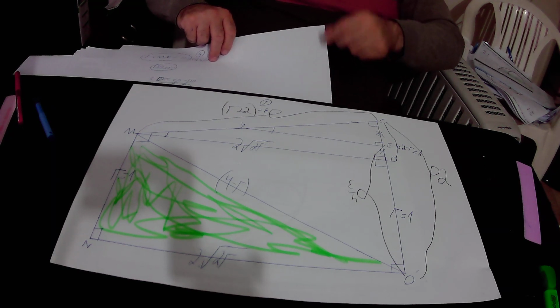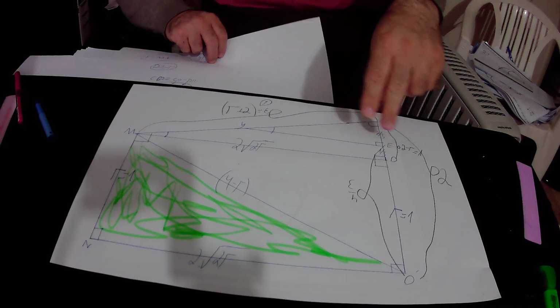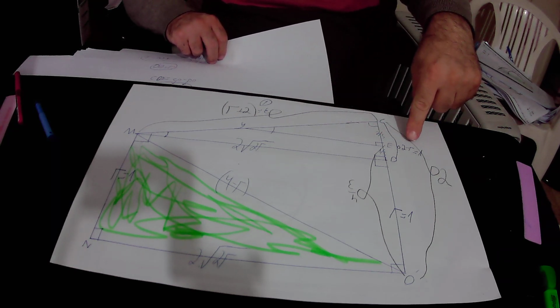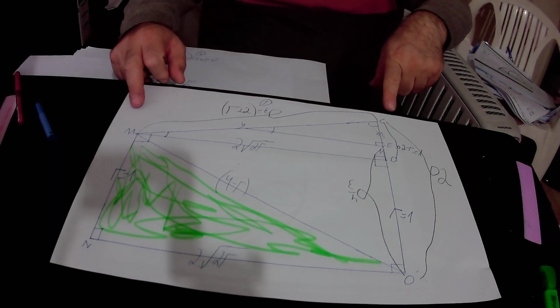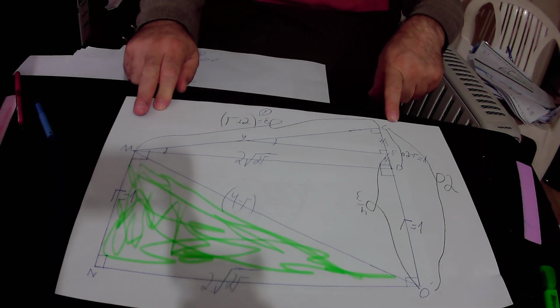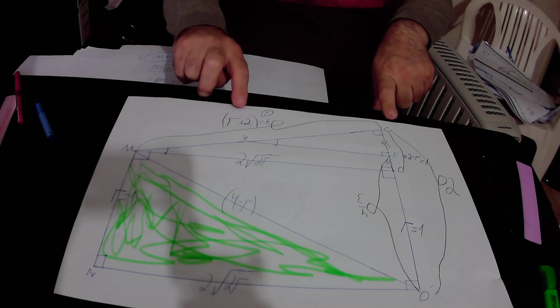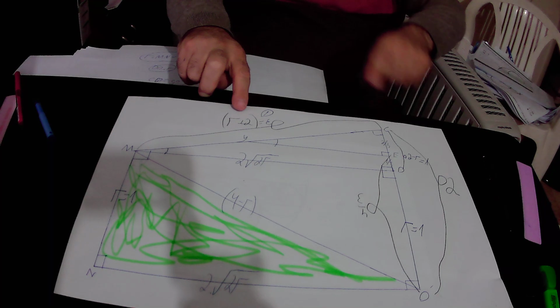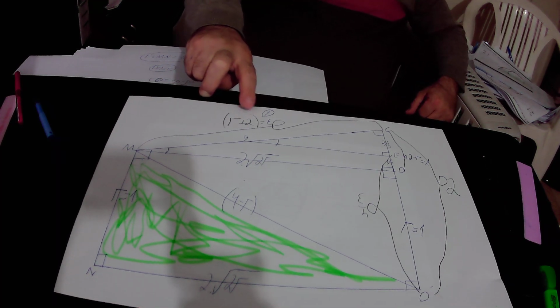Then we focus on the right triangle CDM. We know that CD equals 2 minus R, and the hypotenuse CM, the distance between the centers of the small circle and the middle circle, equals R plus 2. We already found out that it equals R plus 2, that is actually 3 units.